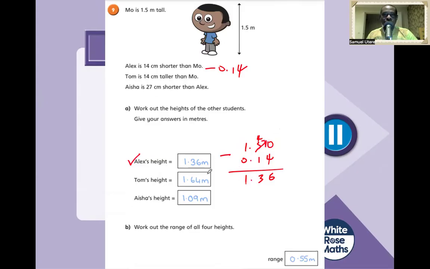Yeah, 1.36. This one, we're told that Tom is 14 centimeters taller than Mo. So it's adding 14, all right, to 1.5. So 0.14 to 1.5. And then Aisha is shorter than Alex. So you have to take this Alex's value, and then you need to subtract 0.27 from it, yeah, to get Aisha's height. Okay, all right.